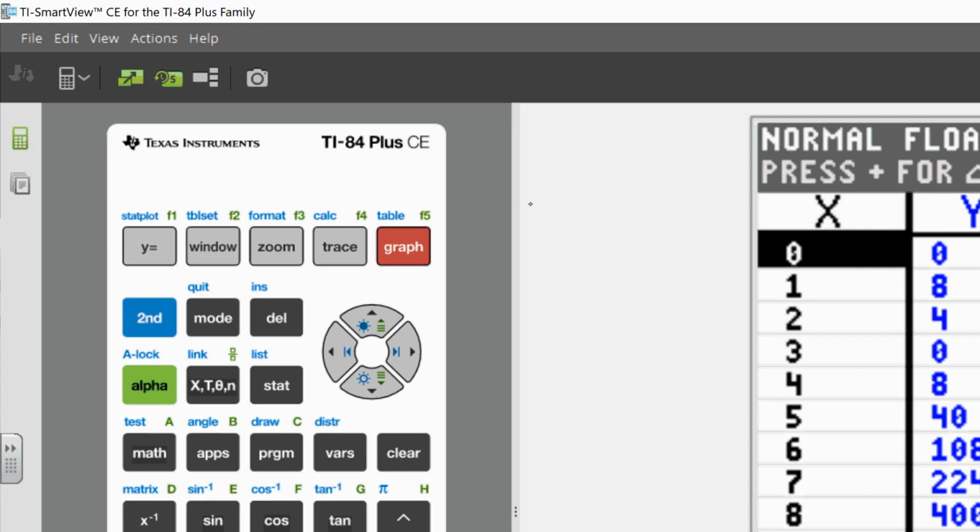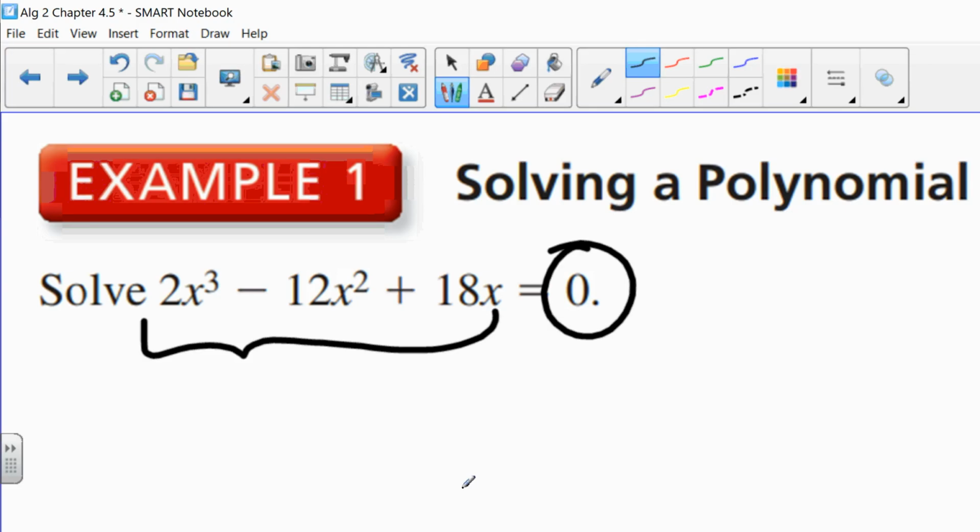Because we're not looking for where x is 0, we're looking for where y is 0. So here we can say x is equal to 0 and x is equal to 3. Now, because this is a cubic, degree 3, there is actually one more 0.